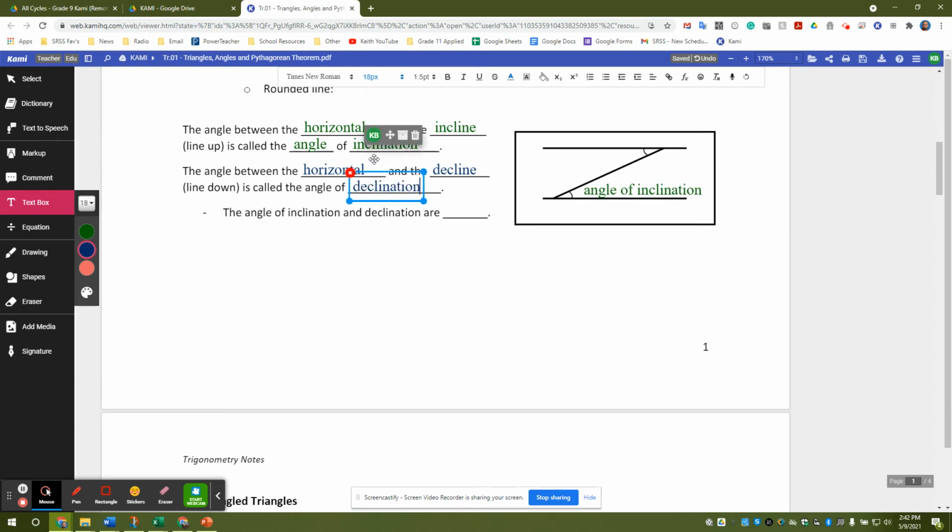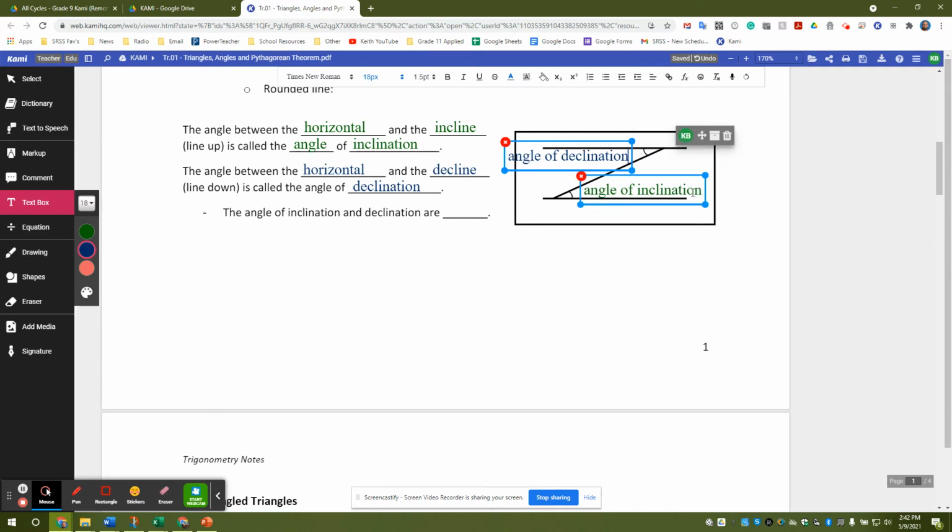So you'll notice here we have the angle of inclination or incline, and we also have an angle of declination or decline. So that is something that we need to make sure that we're watching out for, or that we are aware of. So angle of declination or decline. Okay. We could also call this the angle of elevation as well.